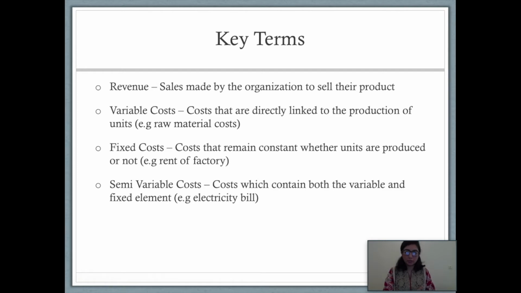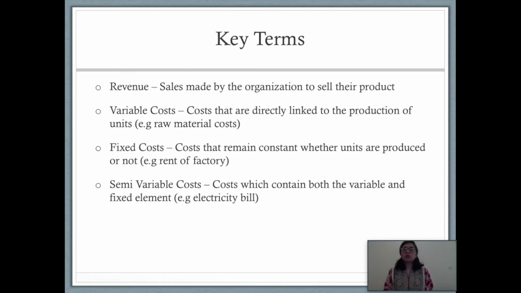So we need to understand what we are paying to actually make our product and launch it in the market. That is what cost accounting and management accounting is all about.